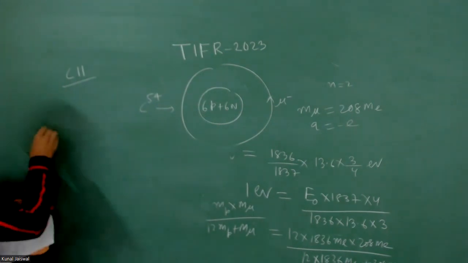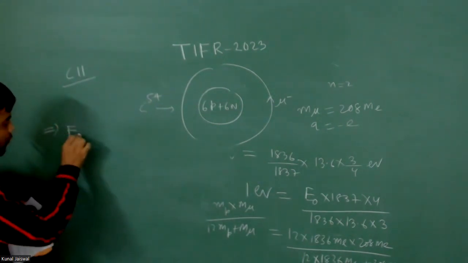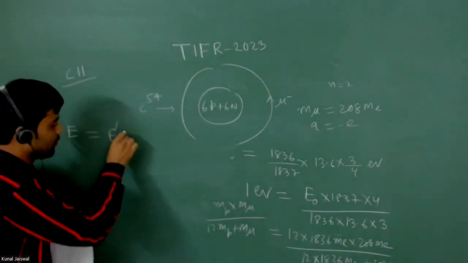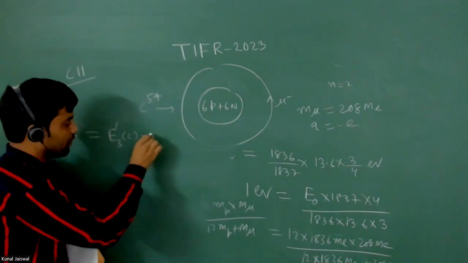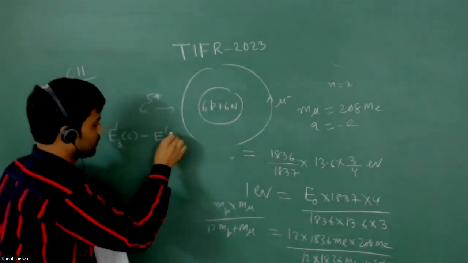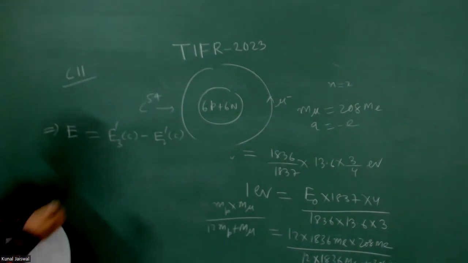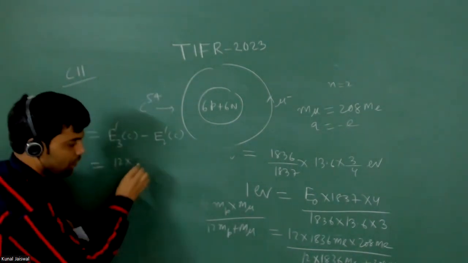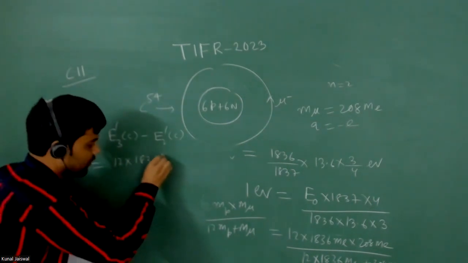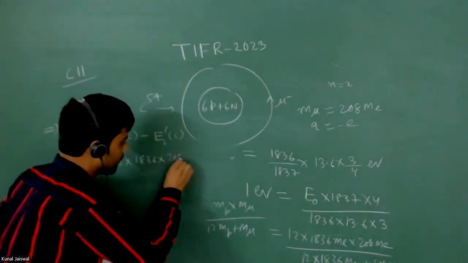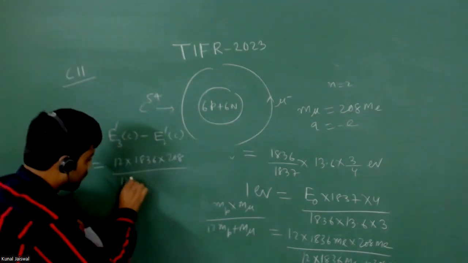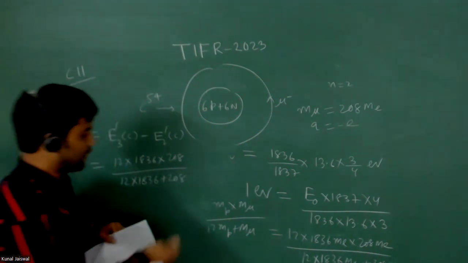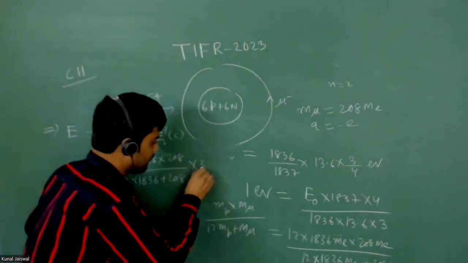Now if you calculate the energy carried out by the photon when there is a transition from n equals 3 to n equals 2 of muonic carbon, we obtain 12 into 1836 times 208 divided by 12 into 1836 plus 208. Then you have the Z square factor, that is 36.